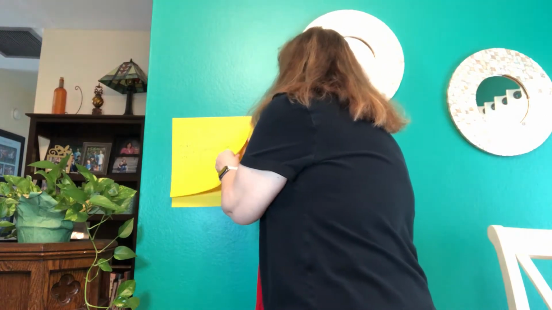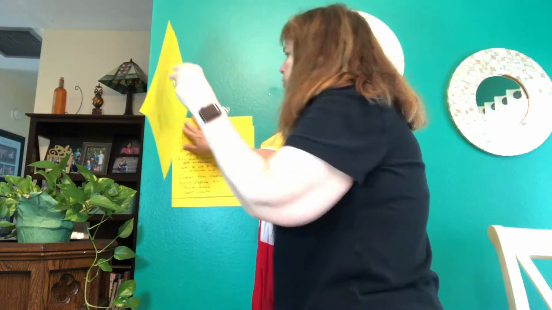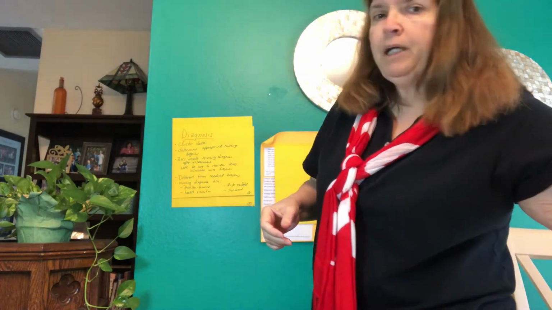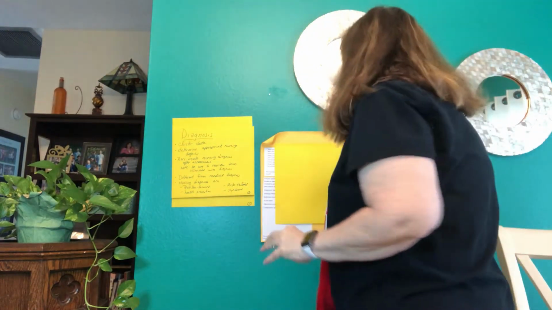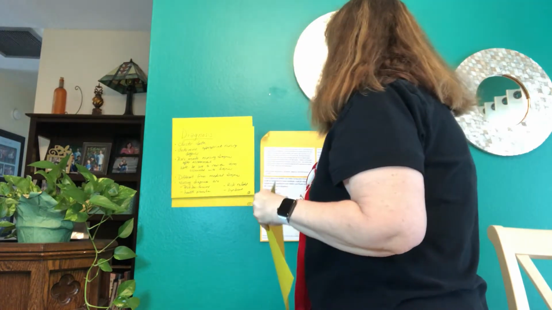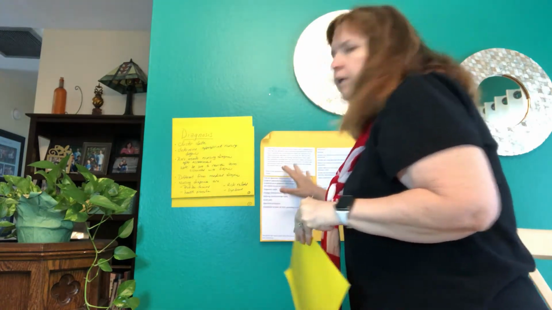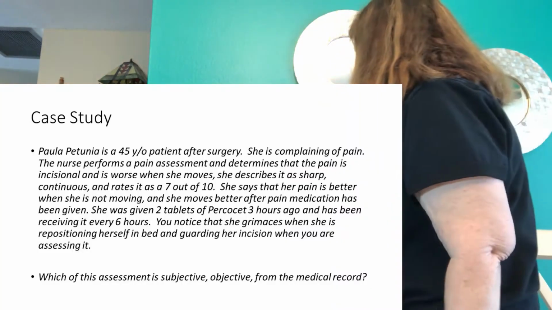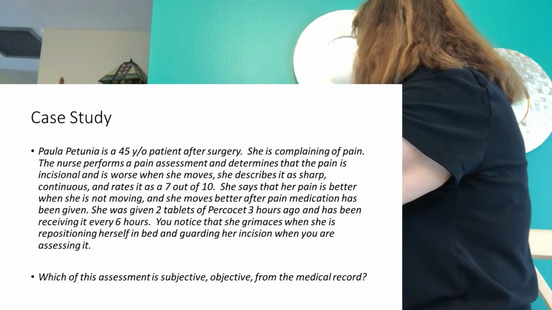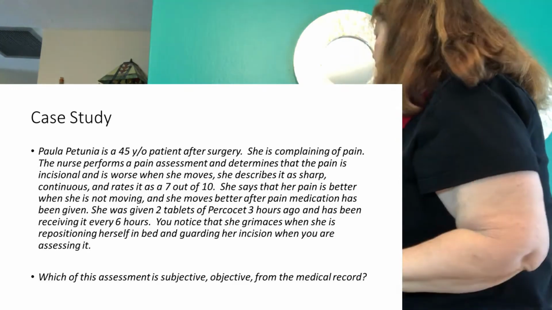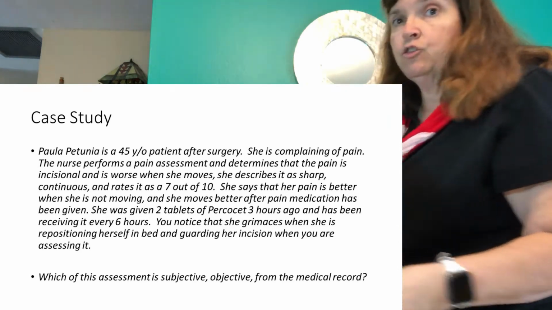So we're going to talk about a patient before we talk about diagnosis. Our patient is Paula Petunia. Paula is 45 years old, and she had surgery. Now, I don't know what kind of surgery she had, but she had surgery. She's complaining of pain after surgery. The nurse performs a pain assessment and determines that the pain is incisional.